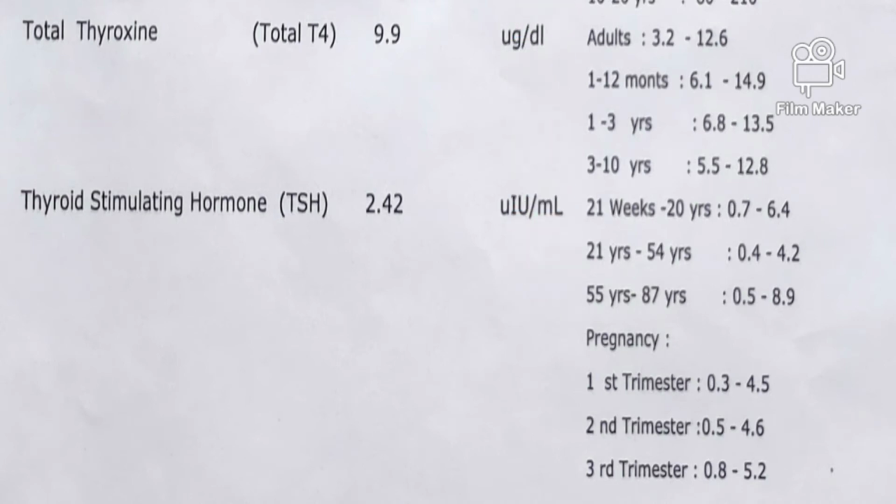Now we'll go with the pregnancy TSH levels. In the first trimester of pregnancy, TSH levels are 0.3 to 4.5, in the second trimester, the TSH levels are 0.5 to 4.6, and in the third trimester, the levels are 0.8 to 5.2 micro international units per ml.